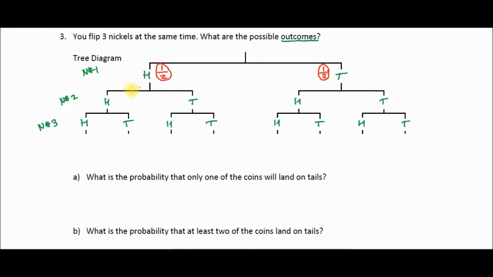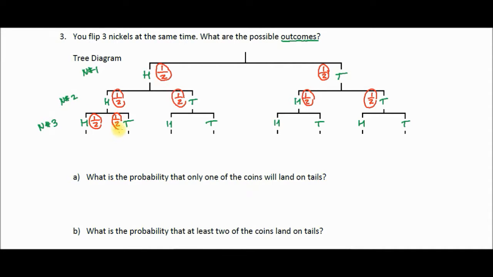This will be a little repetitive, but remember, it doesn't matter what happened with the first nickel. The second nickel doesn't know what the first nickel did, and that means the probability of landing on heads on the second nickel is also 1/2. Tails is also 1/2. Same thing in this event. First coin lands on tails. The second coin doesn't know what happened, so it can land on heads or tails. And the third coin, same way. And these are independent events.